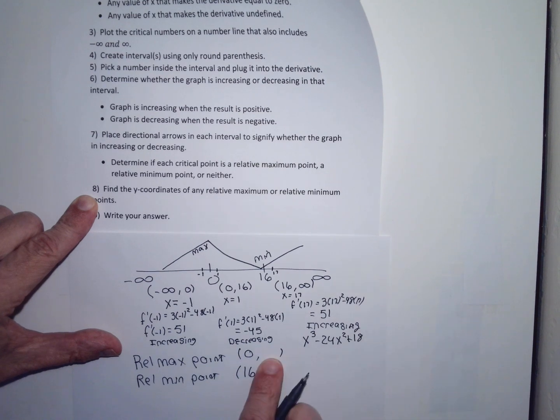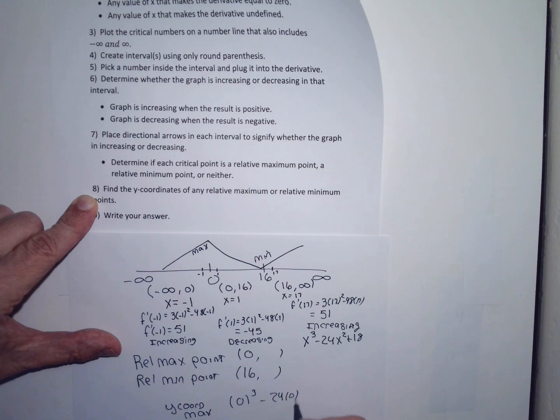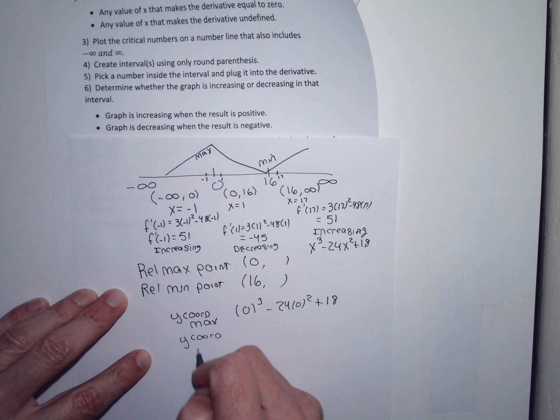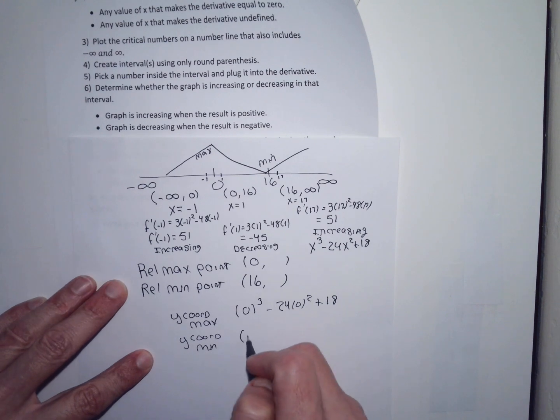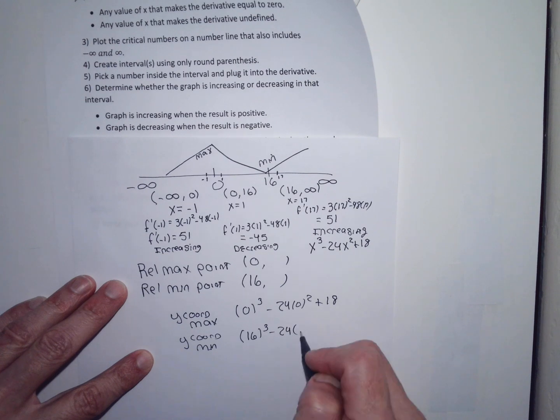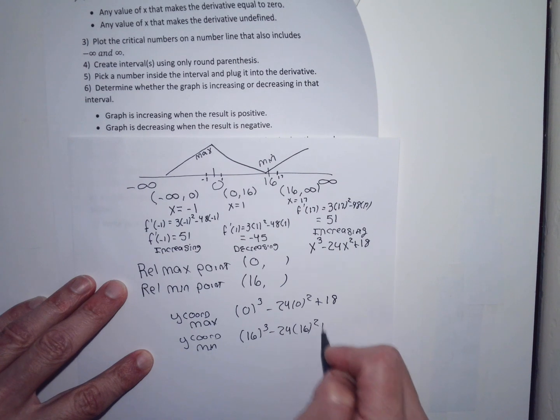So to get the y coordinate of the maximum point, I'm going to need to do 0 cubed minus 24 times 0 squared plus 18. And to do the y coordinate of the minimum point, I'm going to do 16 cubed minus 24 times 16 squared plus 18.